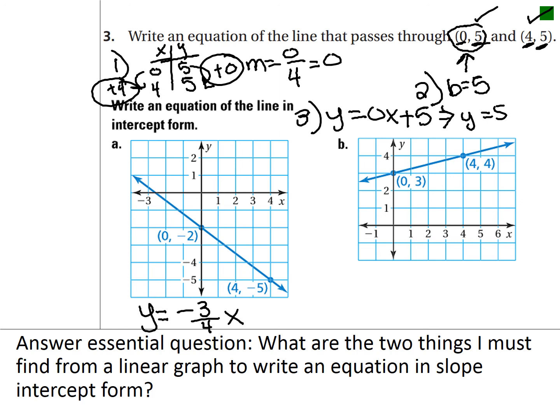X, and the intercept is -2, so plus -2 or -2. B, y equals, your slope is up 1 over 4, leave it as that, x plus the intercept was 3.